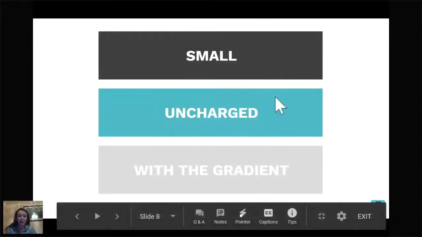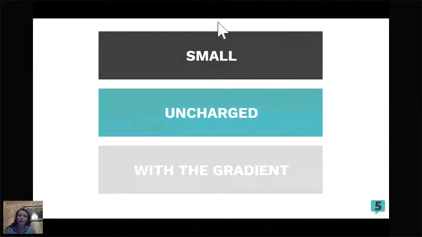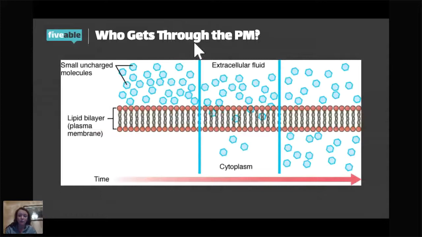So as I said, small uncharged, and then with the gradient is the last important thing here. So if we take a look back at this picture, I don't know how familiar you guys are with concentration gradients, but they're relatively straightforward. So a concentration gradient just means, so gradient just means change, right? It means that we have two areas that are different than one another. A concentration gradient means we have two areas of different concentrations.